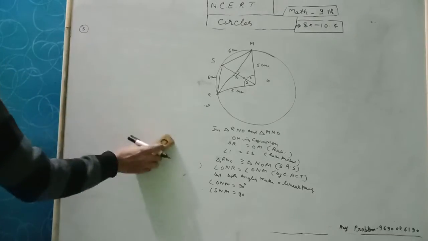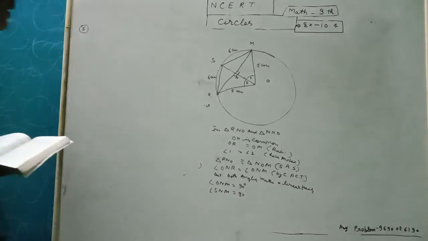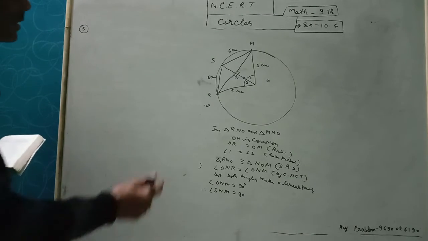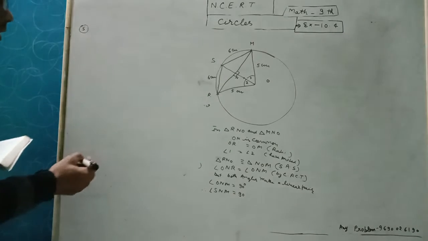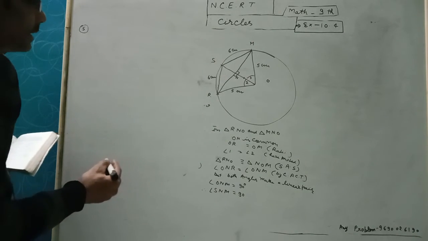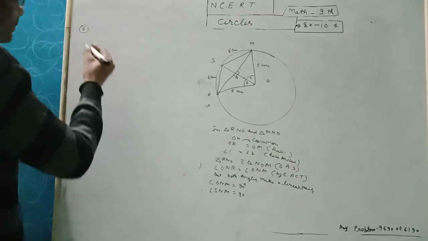Now at first find the value of MN. MN is equal to RN. MN is the chord of the circle.